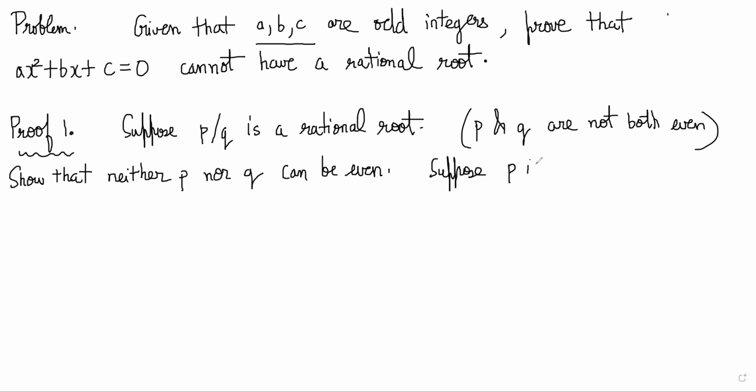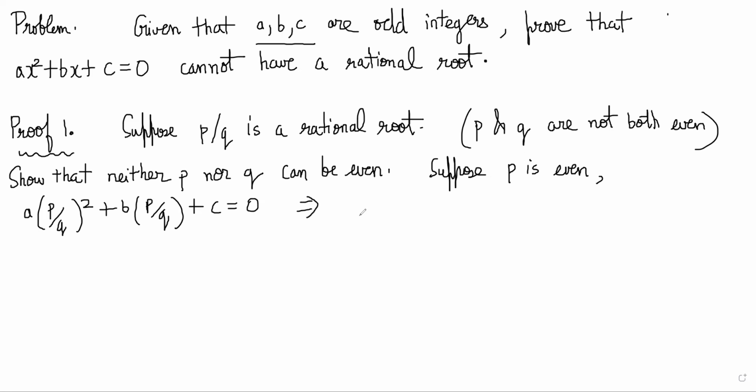Then the equation a(p by q) squared plus b(p by q) plus c must be 0, because p by q was a rational root. We simplify that a little bit. It becomes ap squared plus bpq plus cq squared equal to 0.